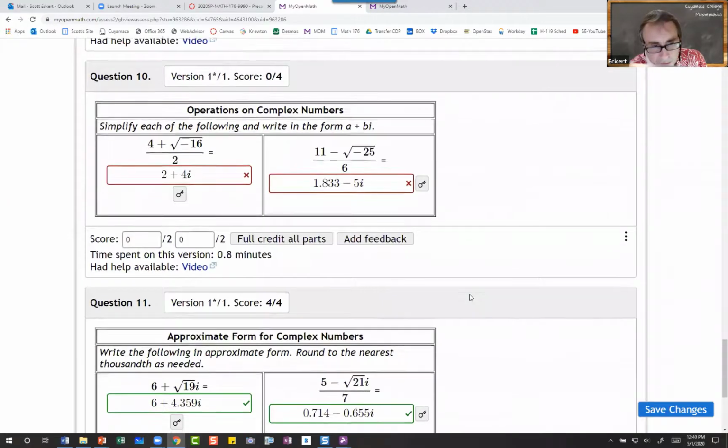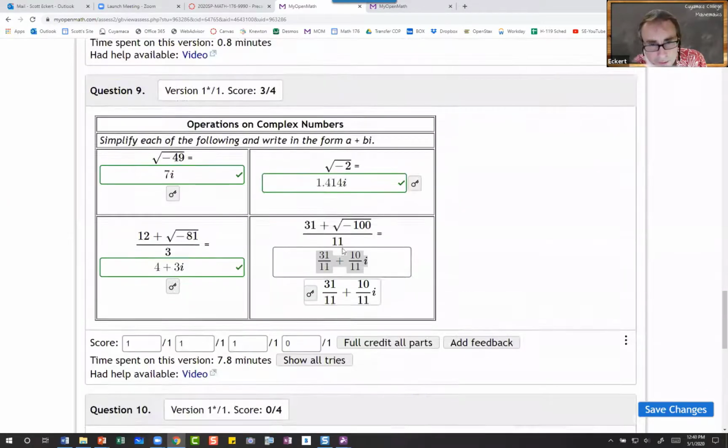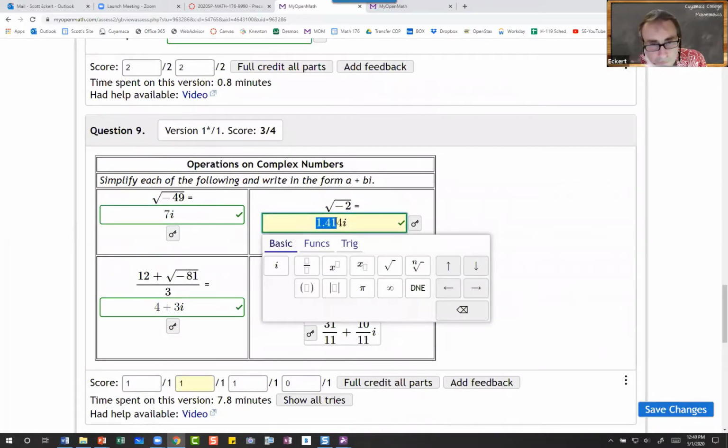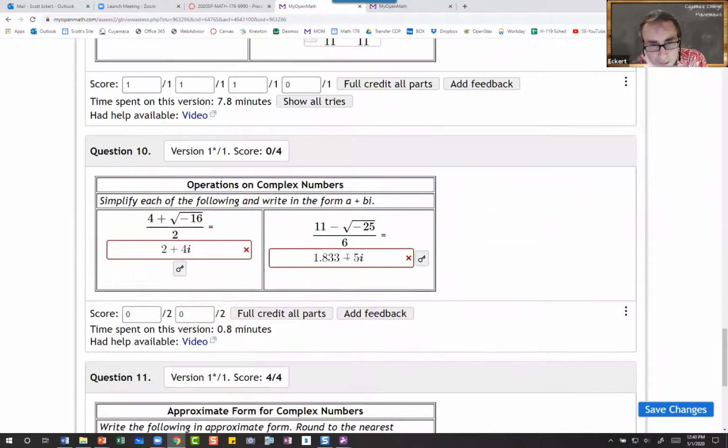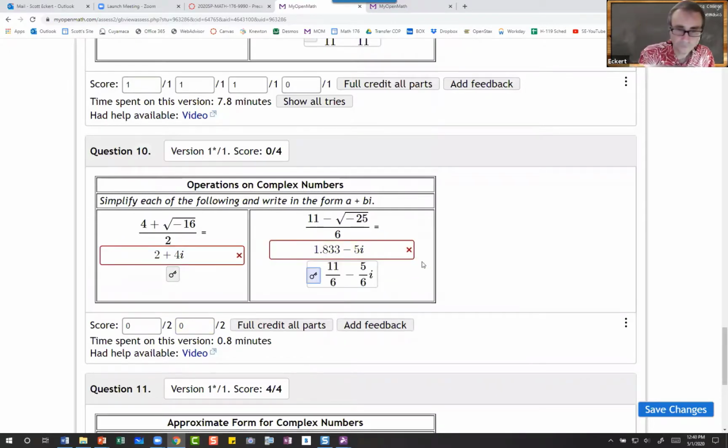Yeah, so I'm suspicious. I'm wondering, it took this decimal here, but typically you should go for the exact form whenever possible and not go decimal. On this one, 11 divided by 6.